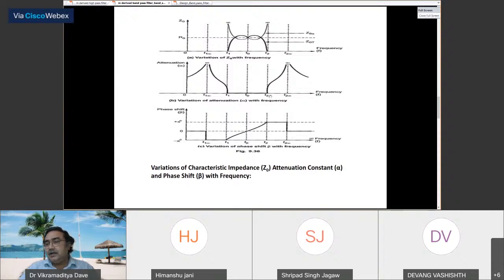Here also, though there is a gap, after a cutoff frequency we are getting a very high attenuation, which is desirable. It depends upon the design engineer how he sets these two frequencies. They should be placed very near to the two cutoff frequencies. Similarly, you can see the variation of the phase shift. It is plus pi beyond the cutoff frequency.